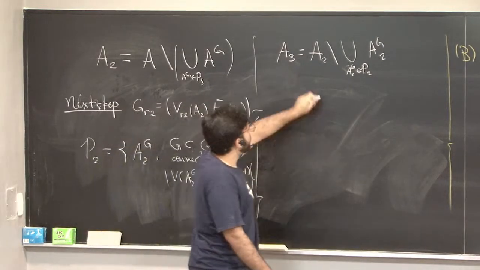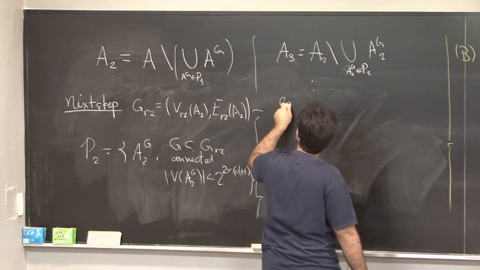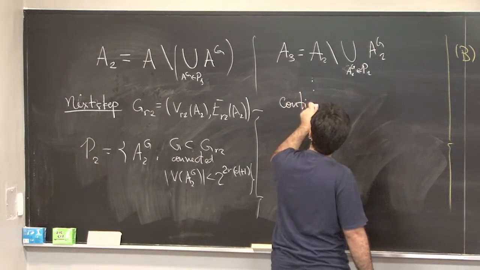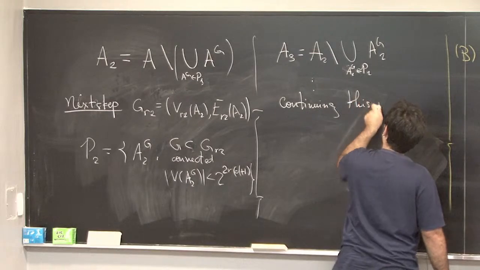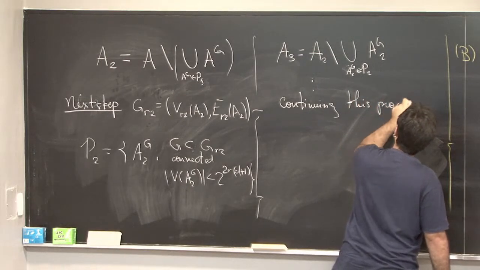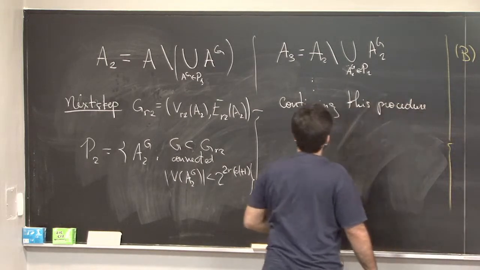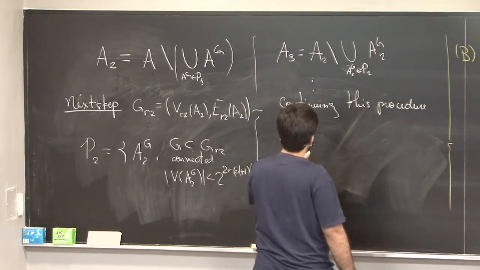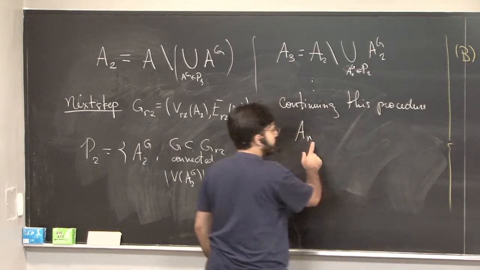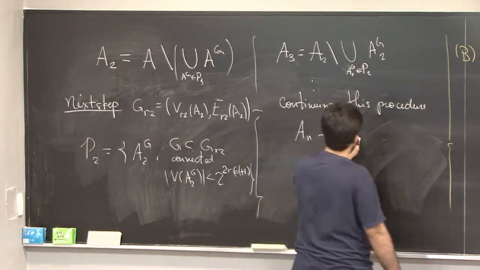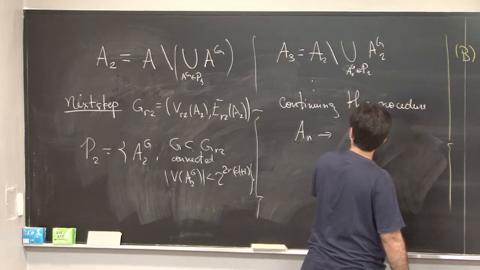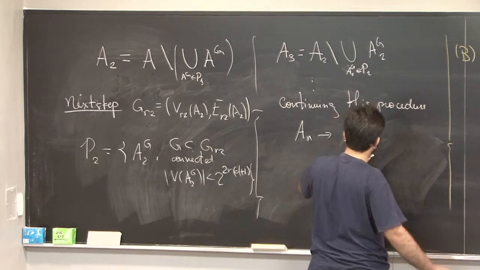So for the nth scale, continuing this procedure, what we are doing is that we have some set that comes from the last step, An, and we build a graph, GRn, let's say.